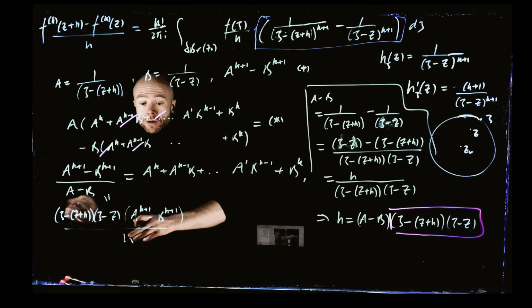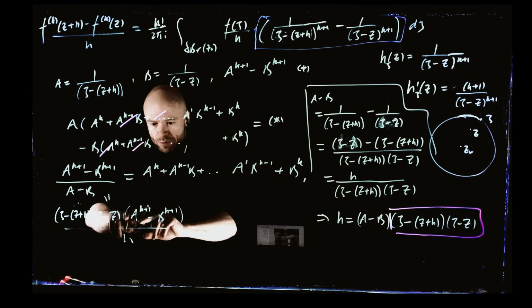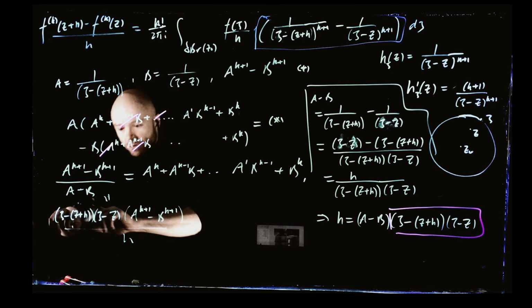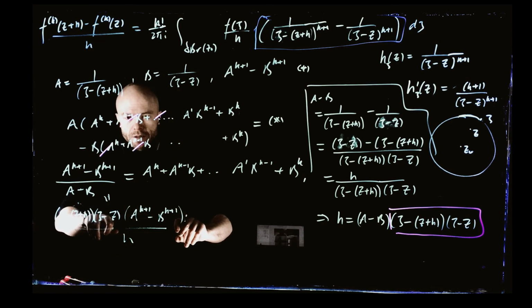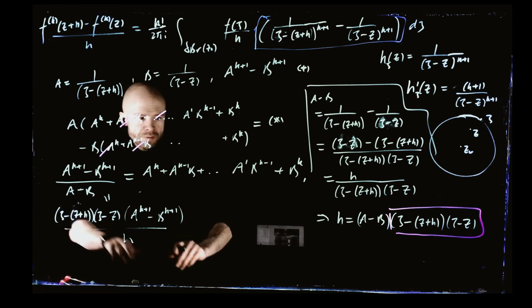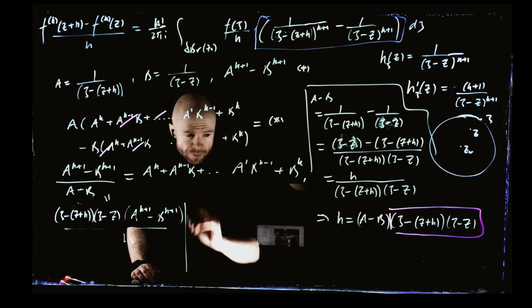Good. So if we want to understand just this expression divided by h, we're going to divide through by this stuff. Running out of space here.